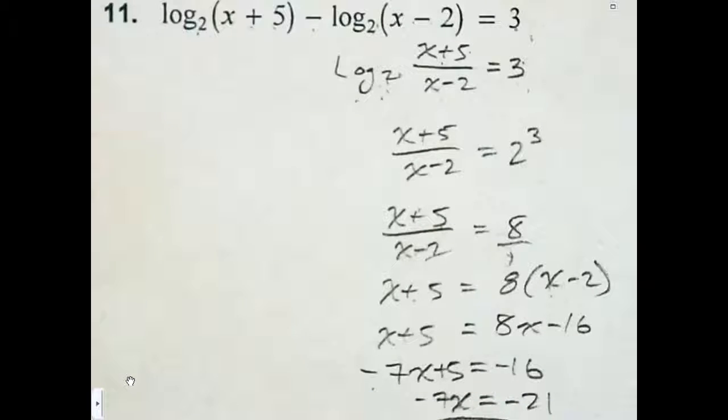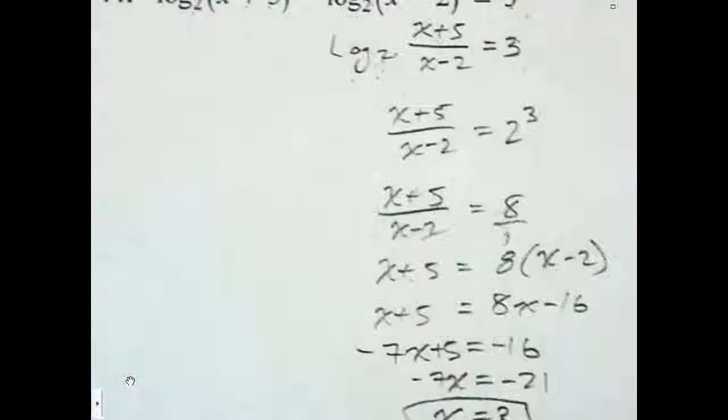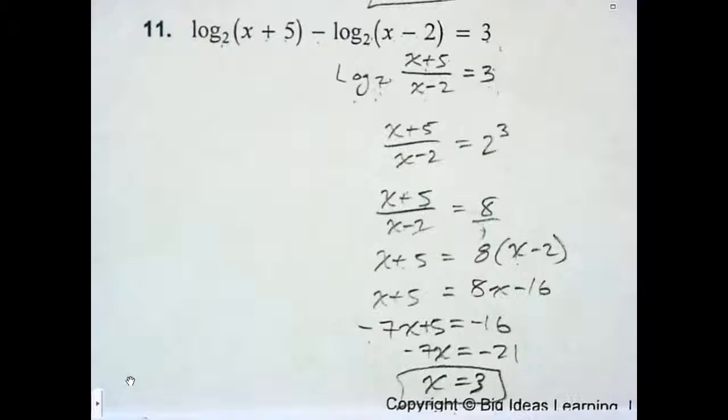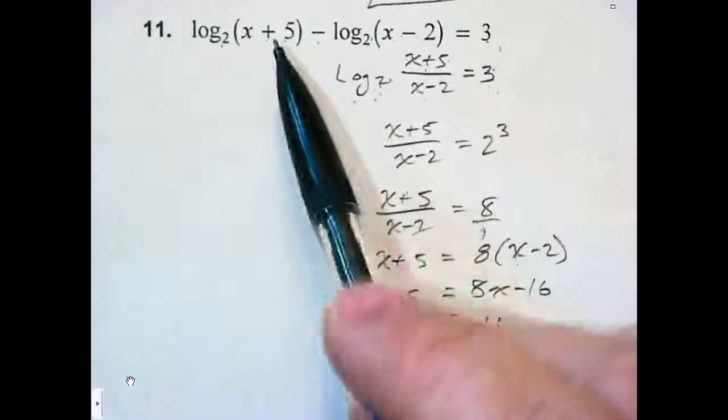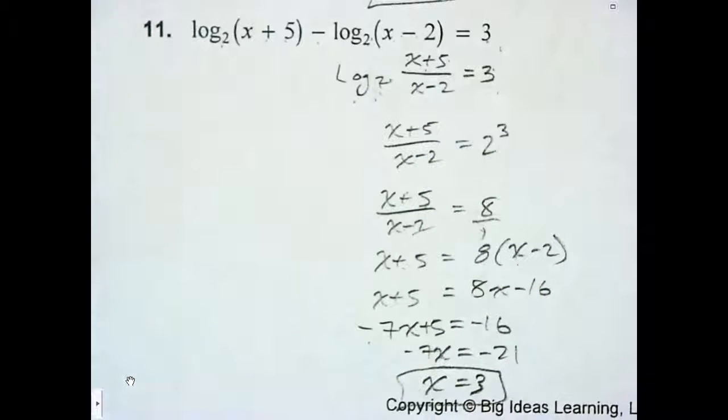Subtract 5, you get -21, and x equals 3. Did you make it a quadratic? Nope. Not on that one. Okay. Put the 3 in. It works out. You're good to go.